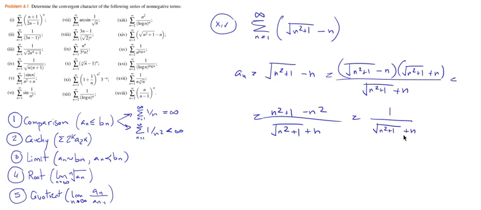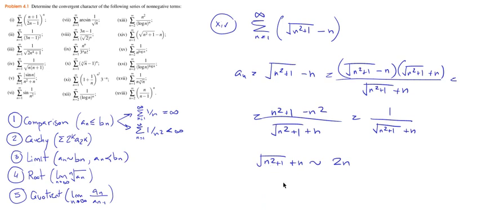And now we can use the limit comparison test and say that the square root of n squared plus 1 plus n is asymptotically equivalent to 2n, right? Because this is asymptotically equivalent to n, so 2n, okay?